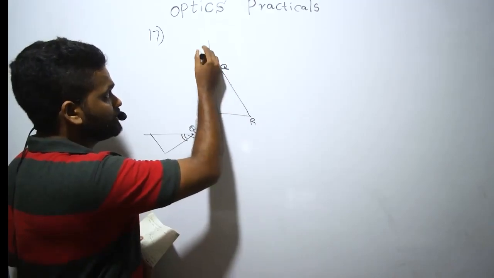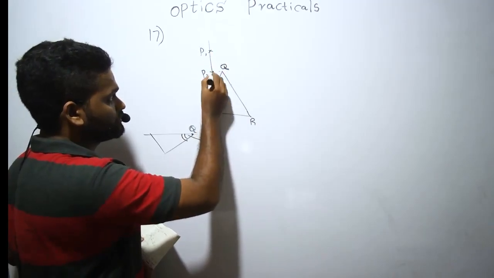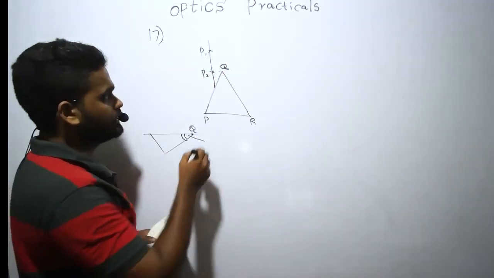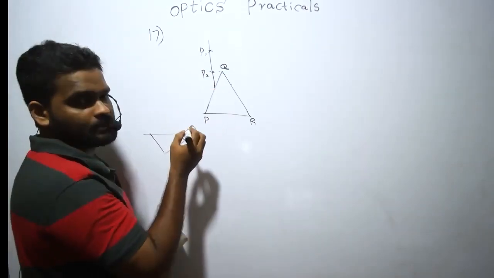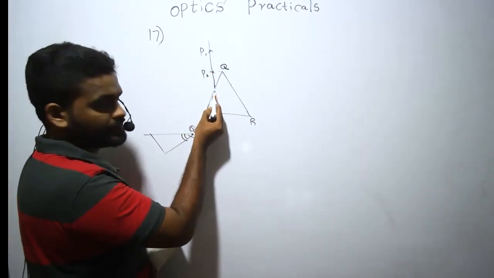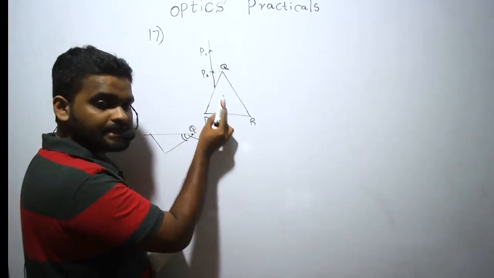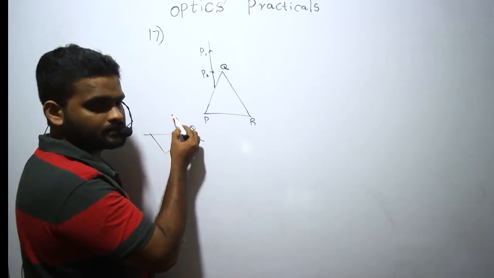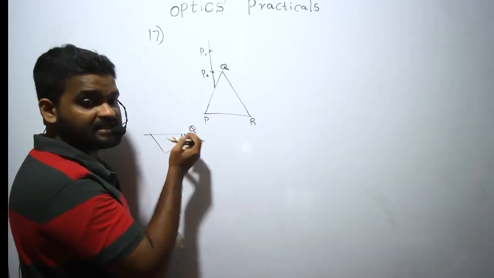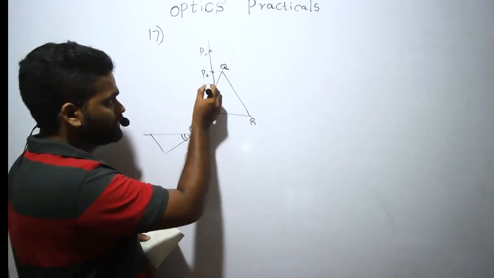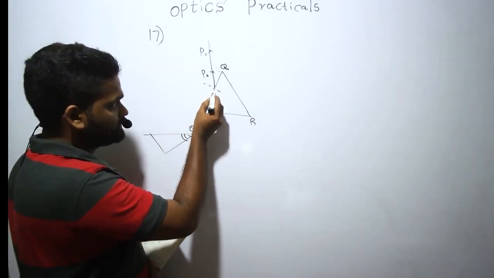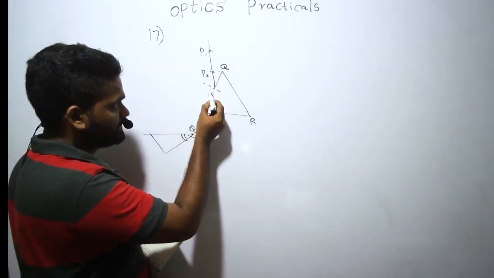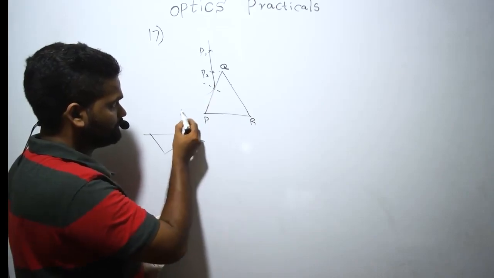Then place P1 and P2. So what happens? Part of this ray refracts into the prism, and there's a partial reflection as well. From this side, there's a partial reflection, right? So when that happens, this I and this I are the same.